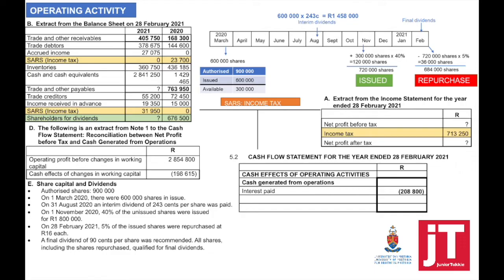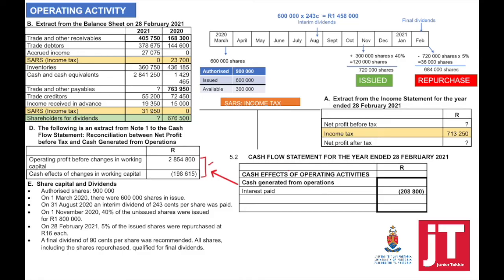So if you refer to information D, the following is an extract from note 1 to the cash flow statement, reconciliation between net profit before tax and cash generated from operations. I need to use these figures given to calculate the cash generated from operations.